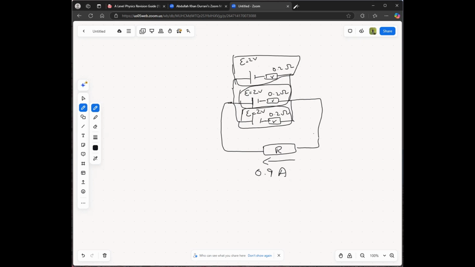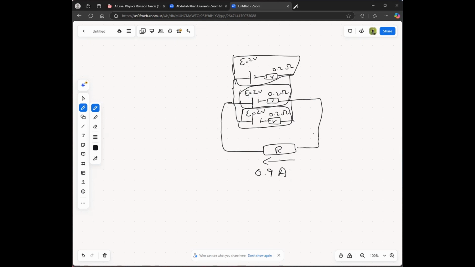So from the first one, the current that it is producing, because this is connected in series with this resistance, this is also connected in series with this resistance, this cell is also connected in series with this resistance. So they are all connected in series with this resistance, but obviously to each other they are connected in parallel, if that makes sense.